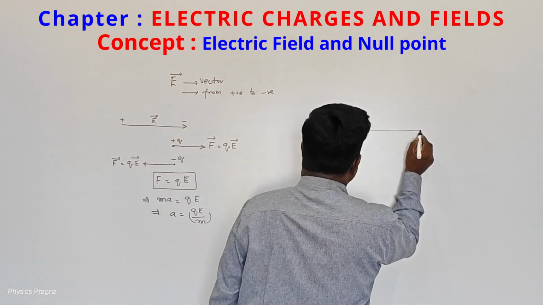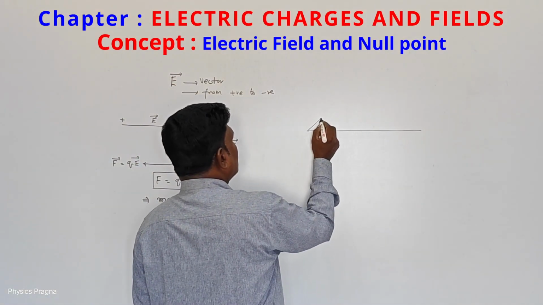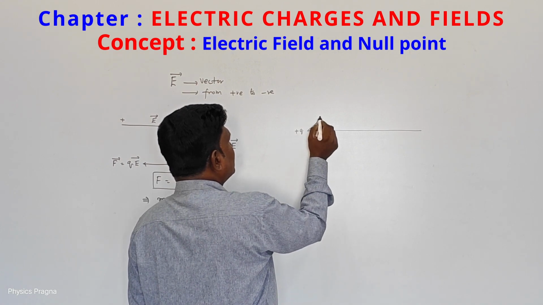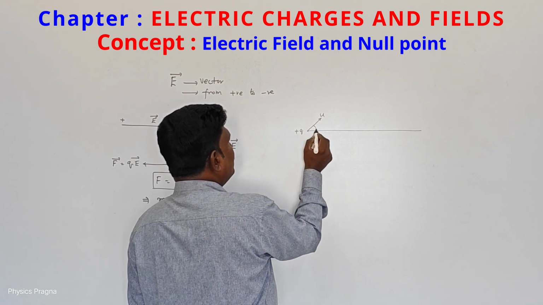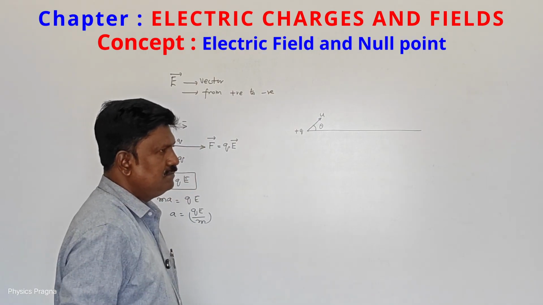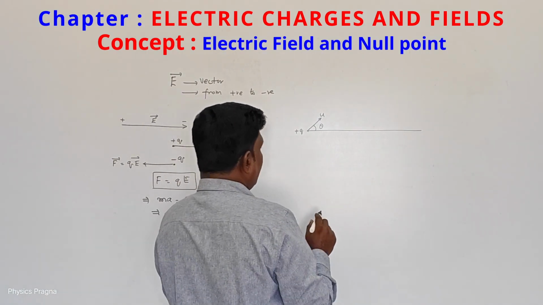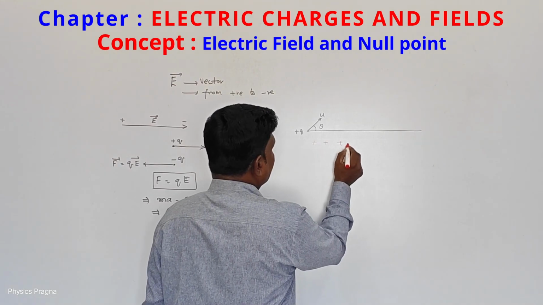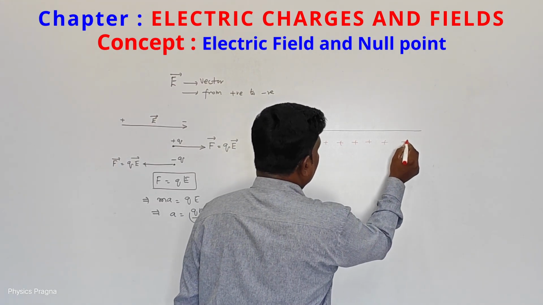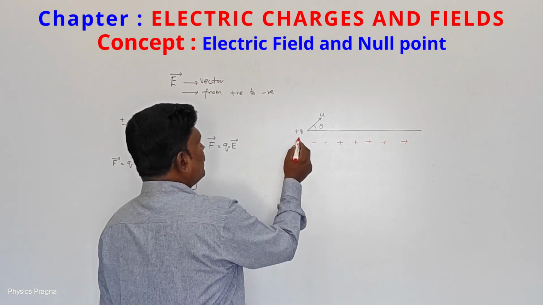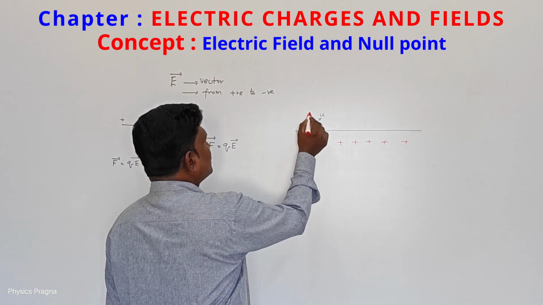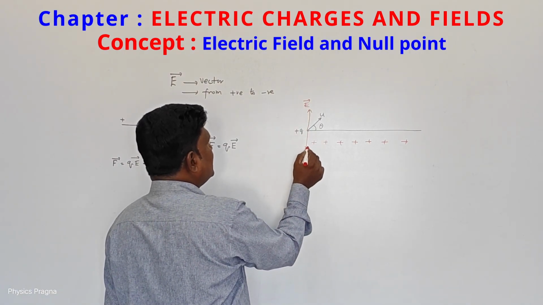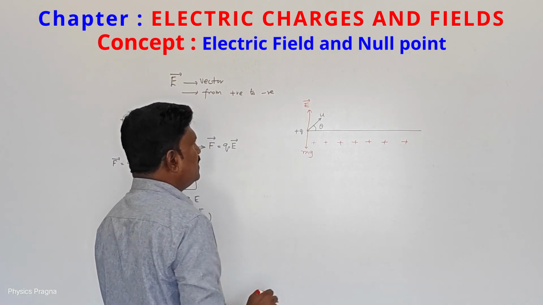Suppose this is the ground, a charged particle plus Q is projected into air making angle theta. But here positive charge is there. So on this positive charge, electric field is also acting, and downwards its weight is acting.